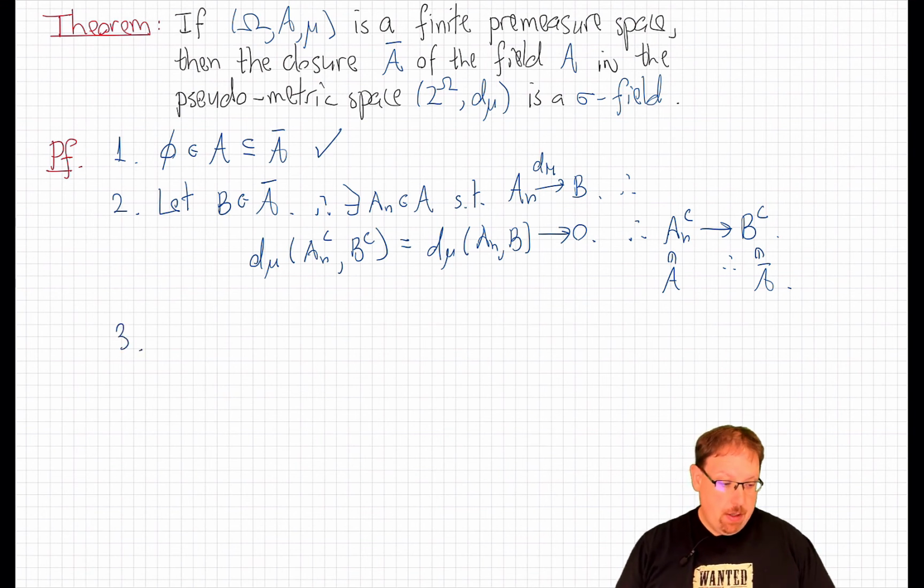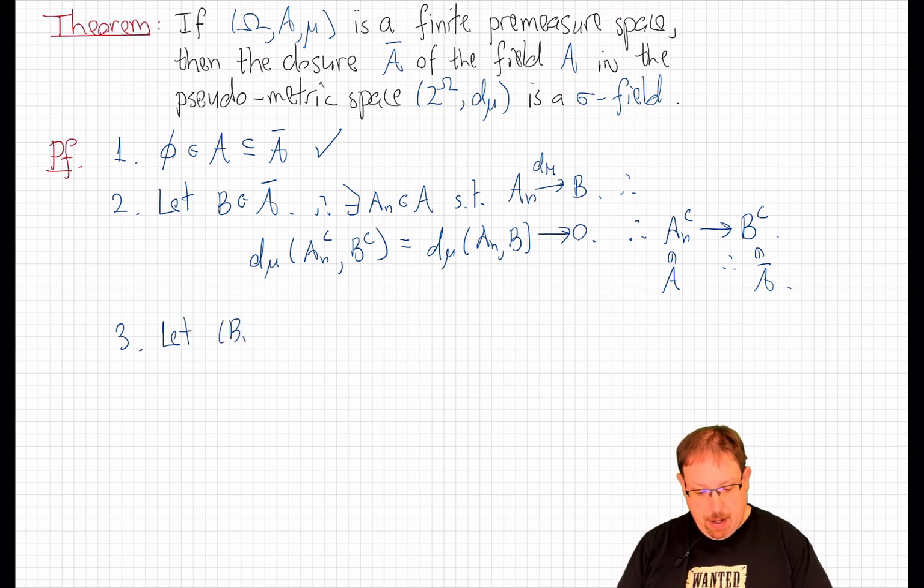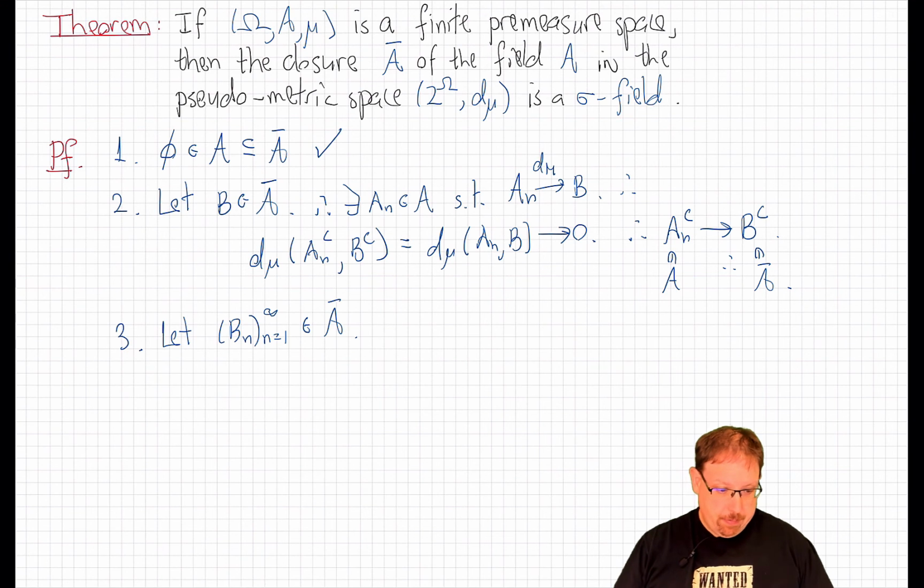And finally, 3. We need to show that A bar is closed under countable unions. So, let's suppose that we have a countable sequence of sets, B_n, in the closure. So for each one of those, I can find a sequence that converges to it. And we're going to perform a diagonal sequence type construction, but we'll do it using the same epsilon over 2 to the n trick that we've used a couple of times now.